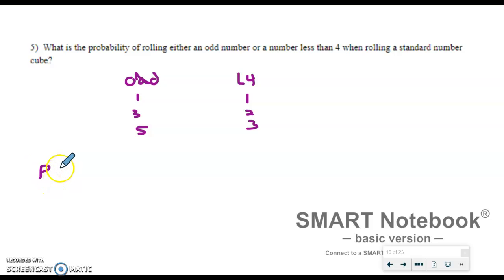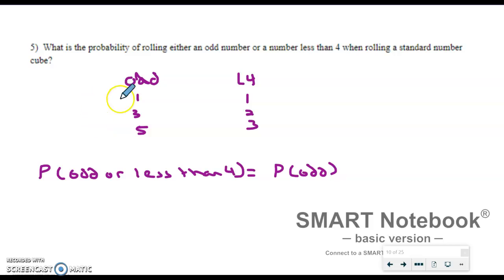So we're trying to take the probability that it's odd or less than 4. The probability that it's odd has 3 possible options, which is 3/6, plus the probability that it's less than 4, which is 3 out of 6, minus the probability that it's both odd and less than 4.